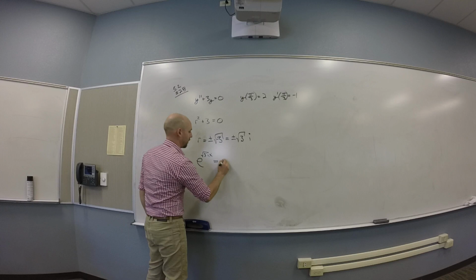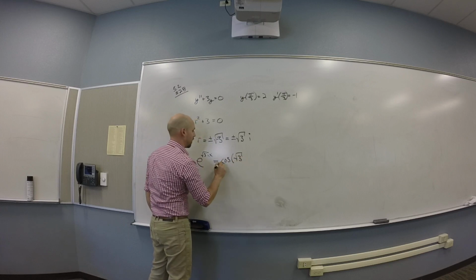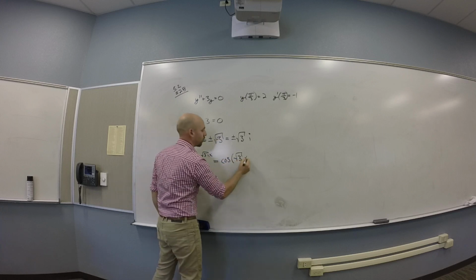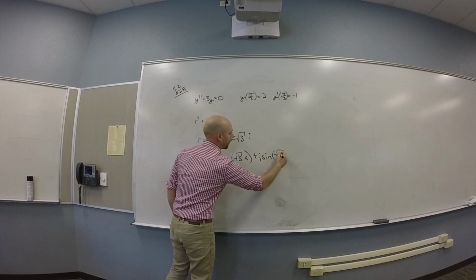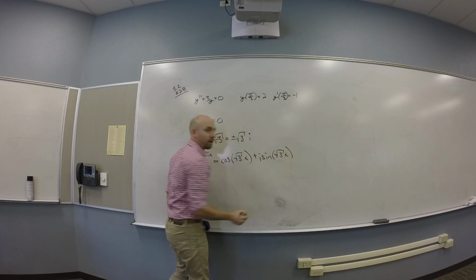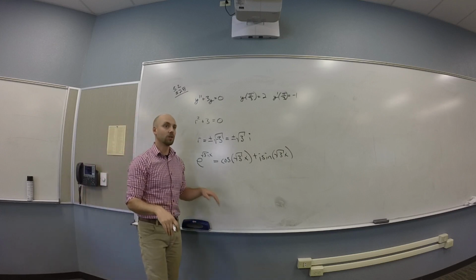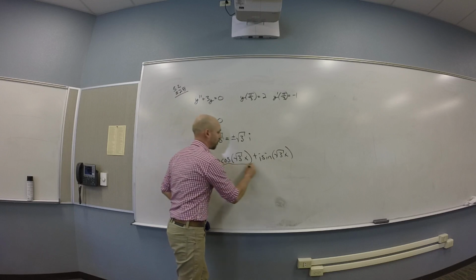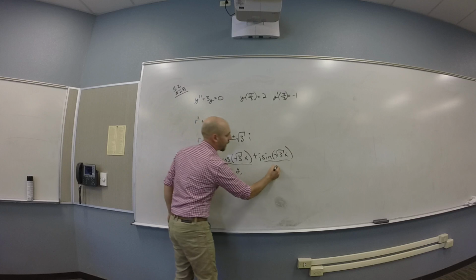Cosine of root 3x plus i sine of root 3x. And then you could say, okay, so my two fundamental solutions are the real part and the imaginary part. So I'll pop those off, treat that as y1 and that as y2.